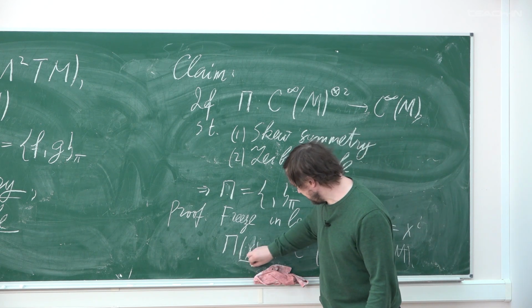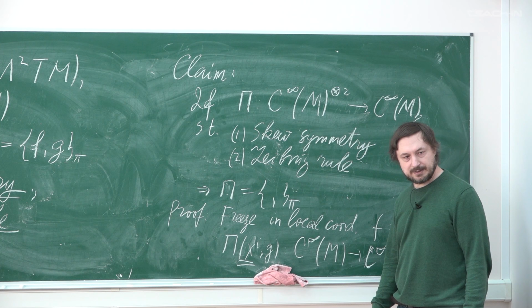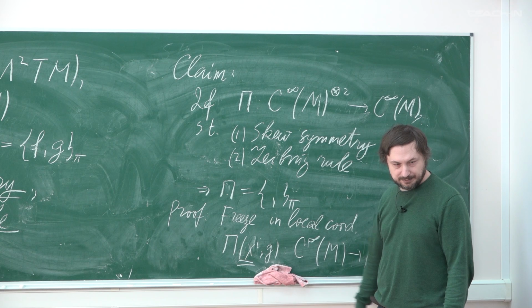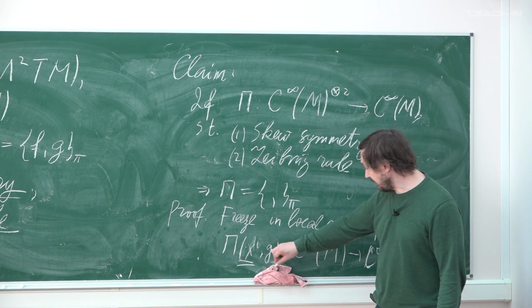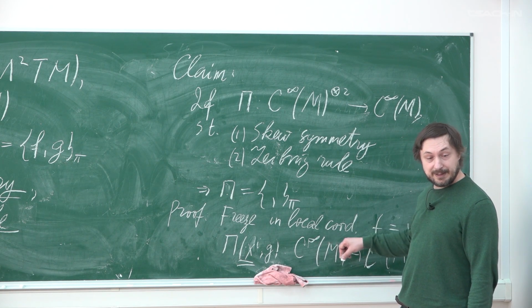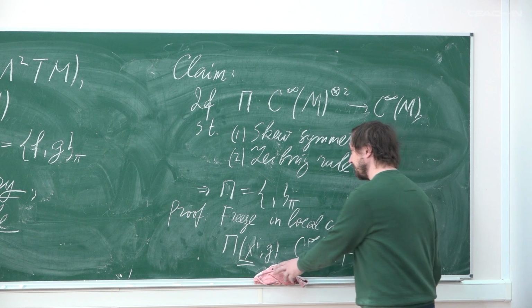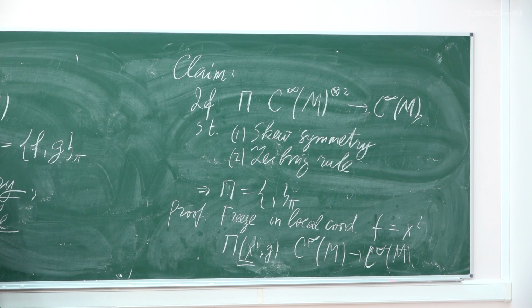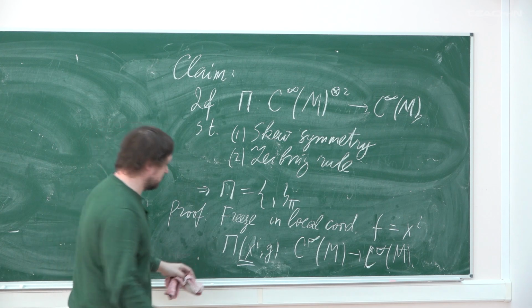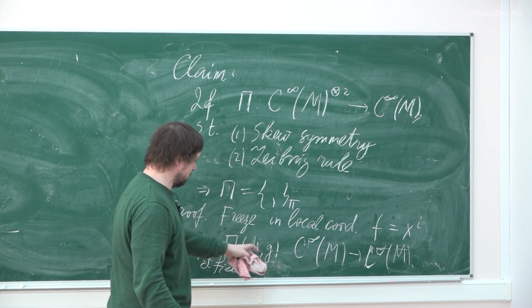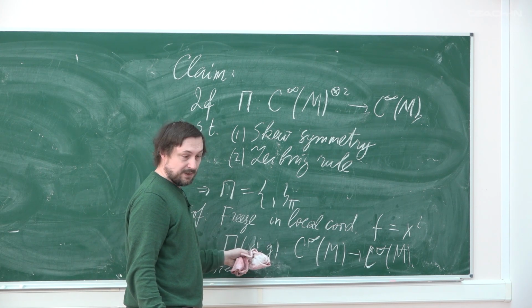So this is frozen, this is fixed. So we just have a map from functions to functions which verifies the Leibniz rule. Then it means that this map is actually represented by some vector field, right? But the same is true if we freeze g instead of f.